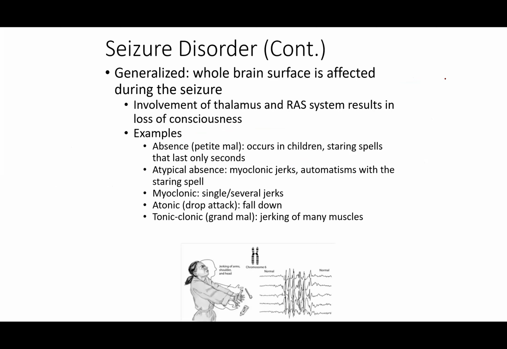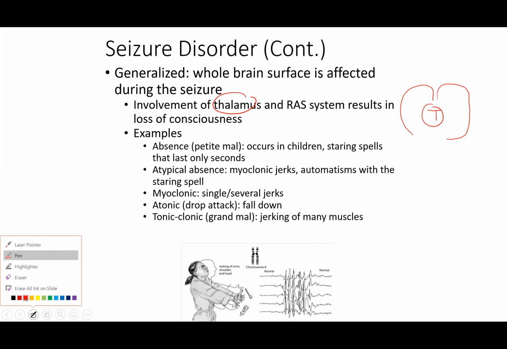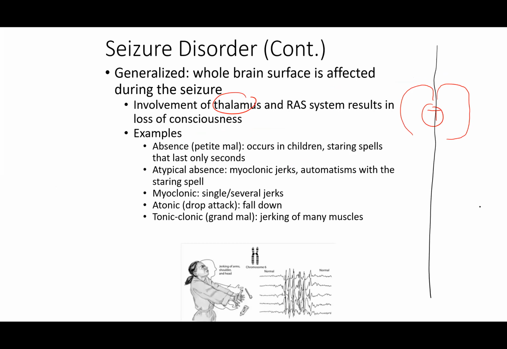Sometimes the thalamus is involved, so keep in mind the thalamus is responsible for all incoming input. When you look at the front part of a brain, cross section there, you have the thalamus, as information is coming in from the body, left side of the person, right side of the person.